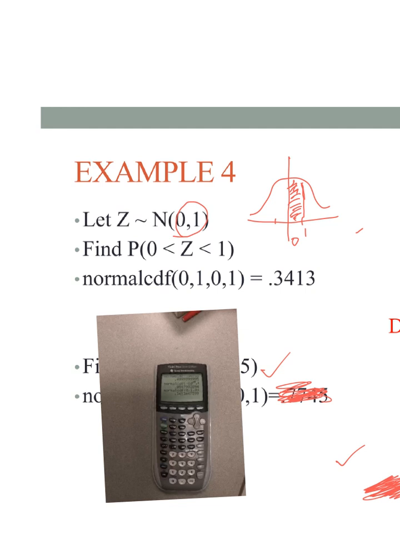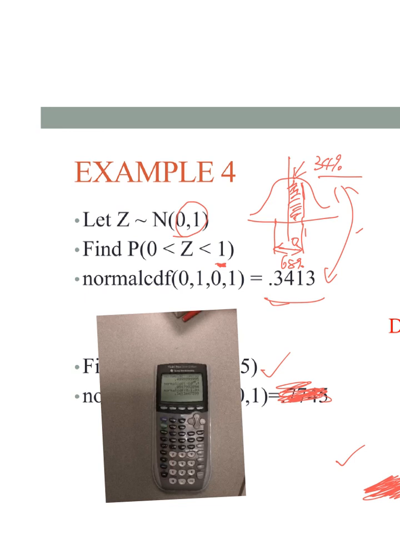If you use empirical rule, you can still solve the problem because 1 is a special number. That is mean plus 1 standard deviation, right? And from -1 to +1, for this part, we have 68% of observations. So for this part, we only have half of this 68%. So that is 34% of observation. So calculator or empirical, they will give us the same answer.